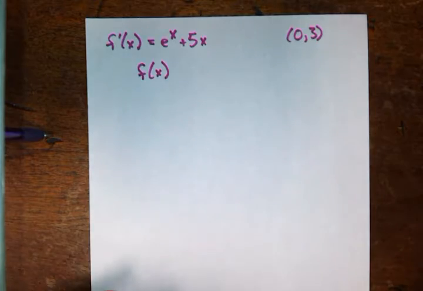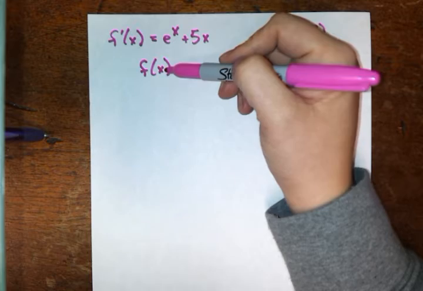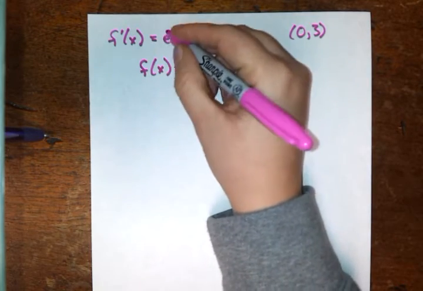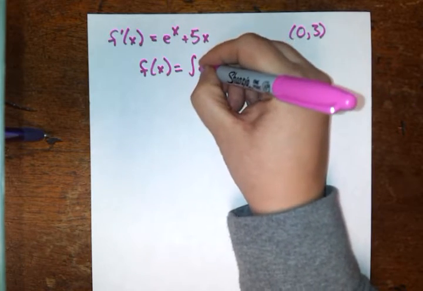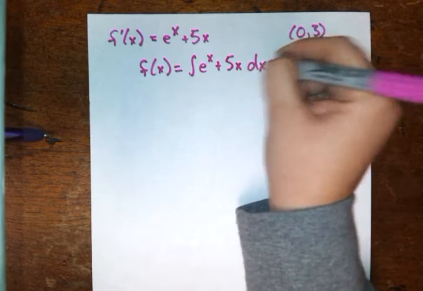Well, we know that if this is the derivative, then to find the function that it came from, we just need to take the integral of that derivative. We're basically undoing what we did when we found the derivative. So the integral of e to the x plus 5x with respect to x.